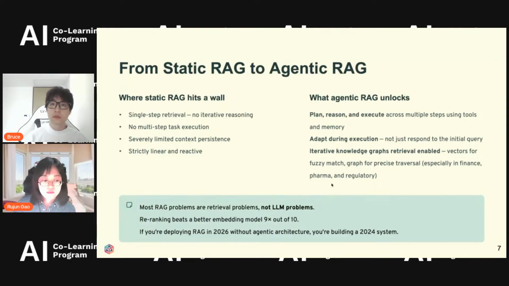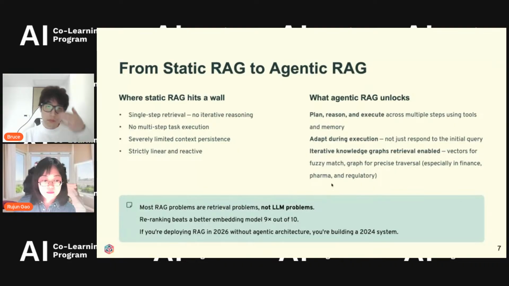So when there is a multi-step task, it usually hits a wall. So we consider agentic RAG for better enterprise retrieval. So what are the benefits the agentic RAG can unlock?